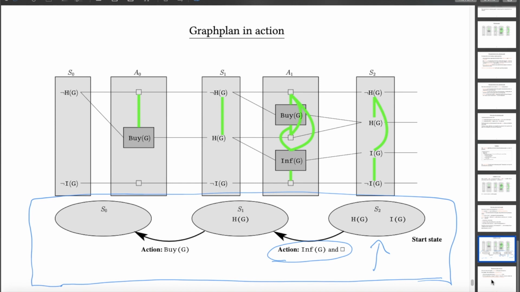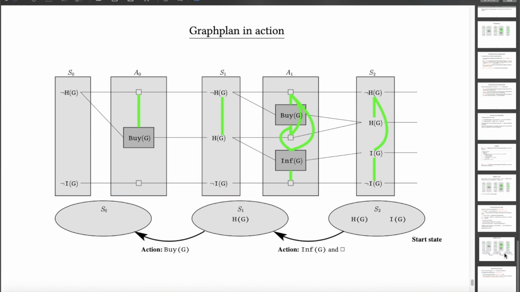That gets us to this state, and then this action gets us to this state. Okay? But you need to keep in mind that these are two separate problems. It's just unfortunate that for both of them I have to talk about states and actions. So you need to keep those separate in your head.